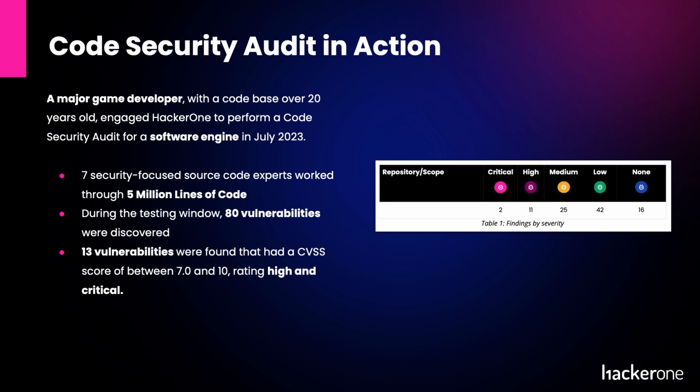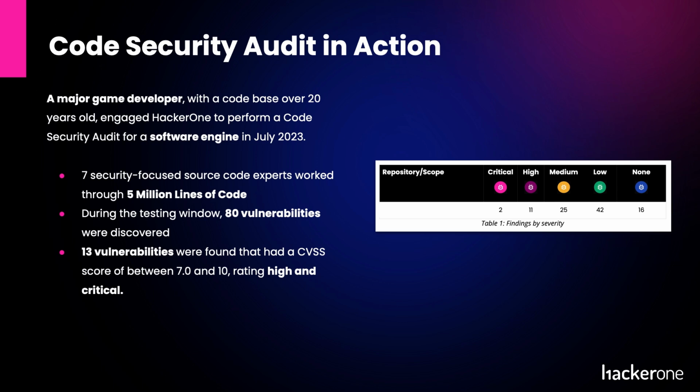Now, for some of you, that'll sound enormous. For those of you, you're laughing at that. Easy, we have 20. What blew my mind, and actually this report was released in September, they had an elongated testing window because they were a beta customer. We found 80 vulnerabilities existing in code.